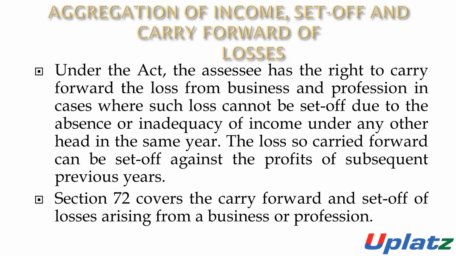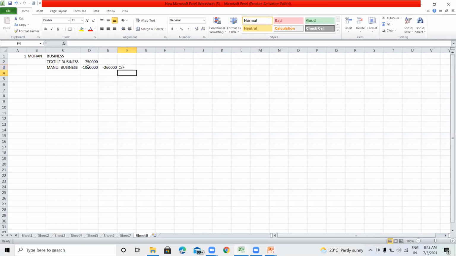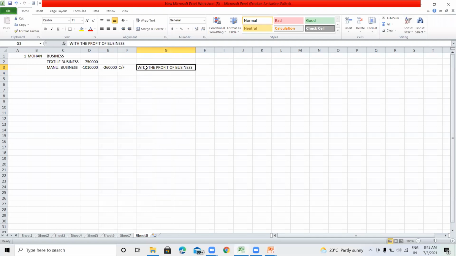In the subsequent previous year, we can set off such loss with the profit of business income, that is, under the head of business income.